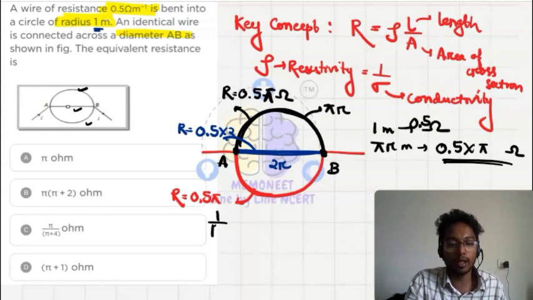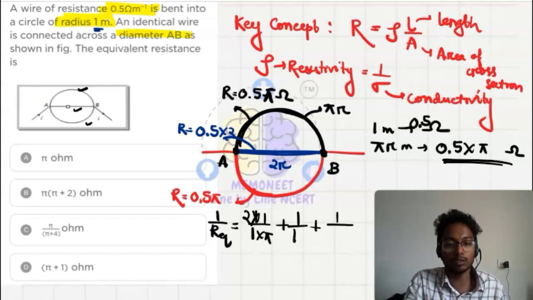So I can write 1 upon R equivalent is equal to 1 upon R1. R1 is 0.5 pi, or I can say 1 upon 2 pi, plus 1 upon 2 into 0.5, which is 1, plus 1 upon 0.5 pi, that is 1 by 2 pi.